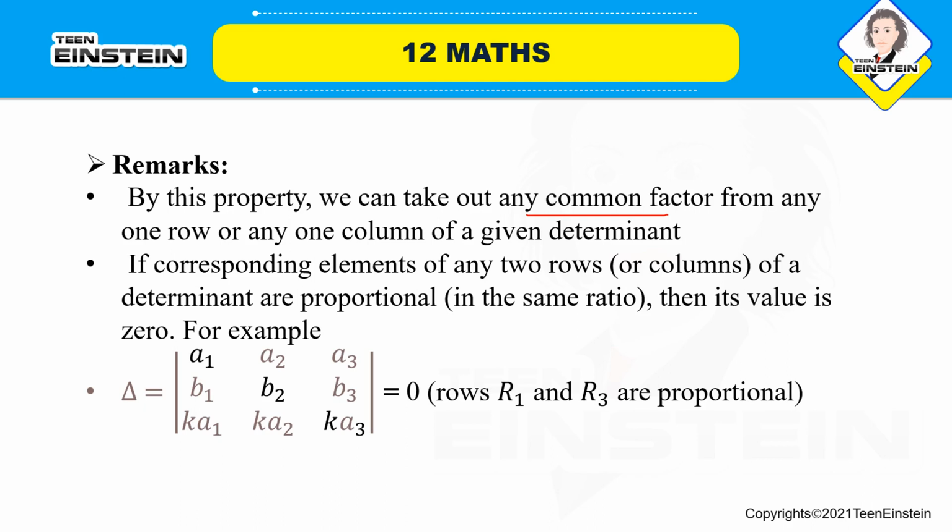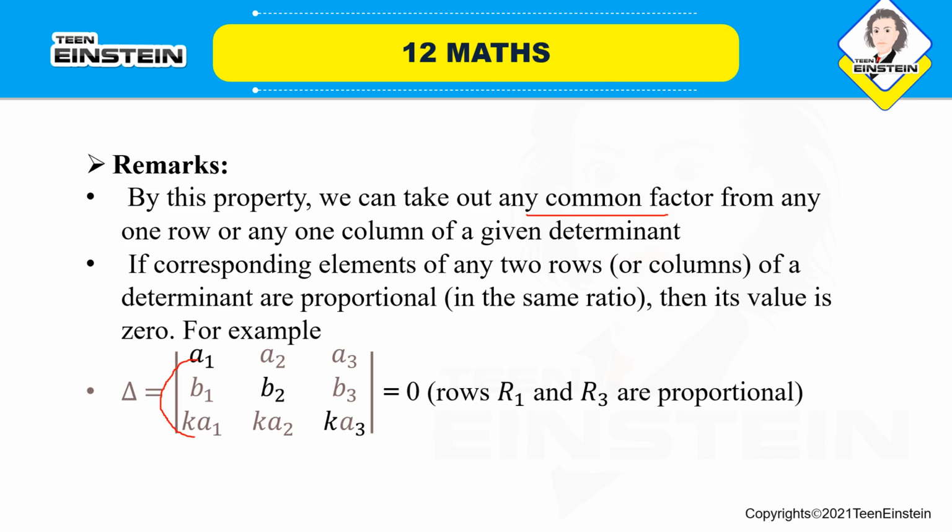The second point is, if the corresponding elements of any two rows or any two columns are in the same ratio, that is, proportionate, then the value of the determinant is 0. For example, if delta is the determinant with rows A1, A2, A3, then B1, B2, B3, then KA1, KA2, KA3. See the first and the third rows.